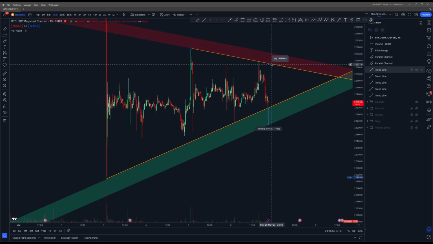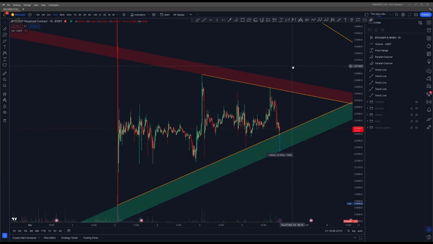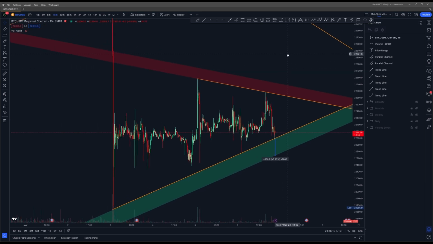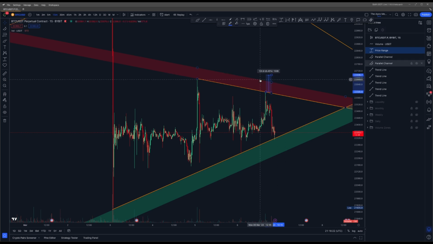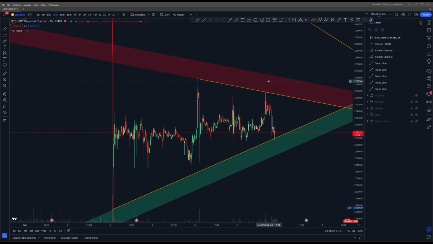But I would much rather just take a 100-point loss with relative risk management, 5%, 2%, whatever you are comfortable with in terms of your risk profile. That's 100 points. Let's see, price action to the top. 100 points there. Perfect.